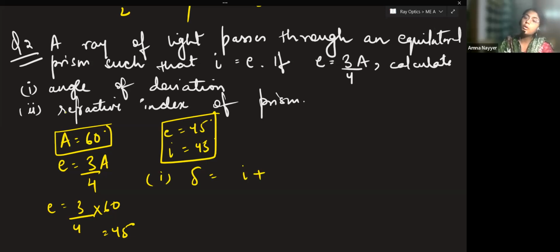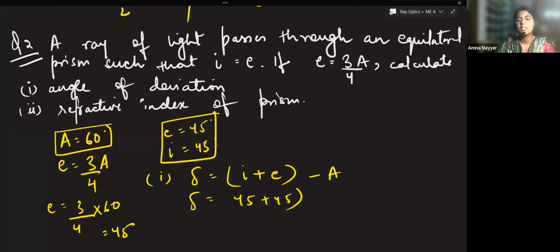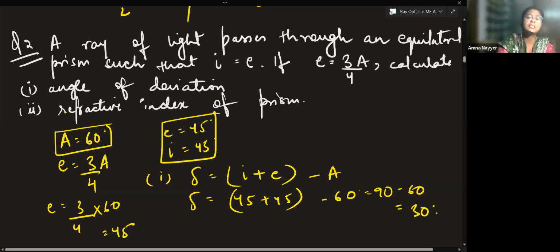For the normal formula of the angle of deviation, we had seen that I plus E minus A was the formula. So this is 45 plus 45 minus 60. Directly, 90 minus 60 is equal to 30 degrees. So 30 degrees is the angle of deviation.